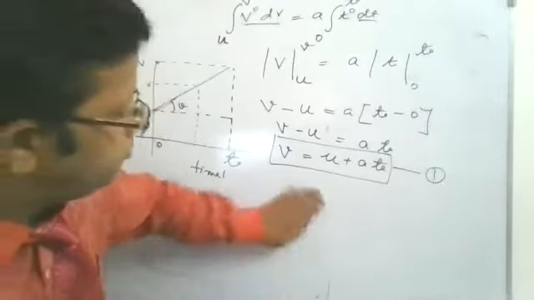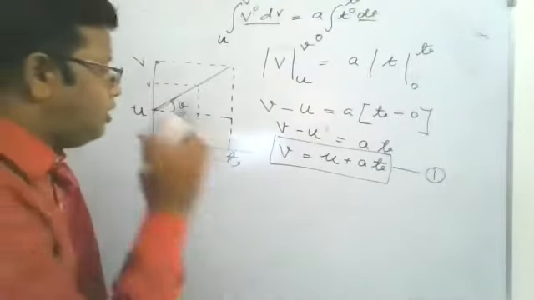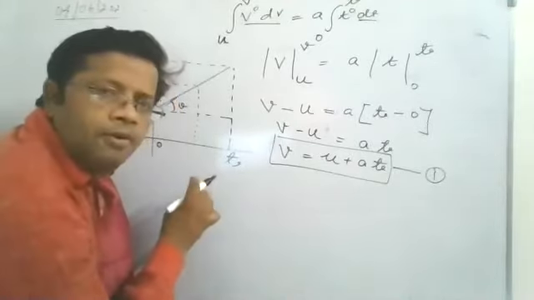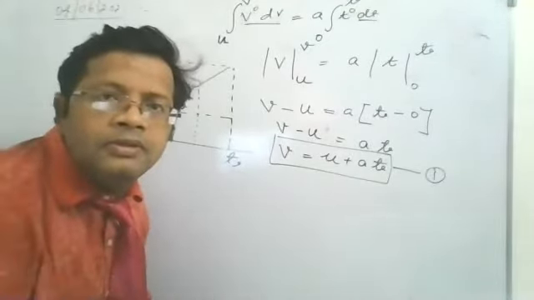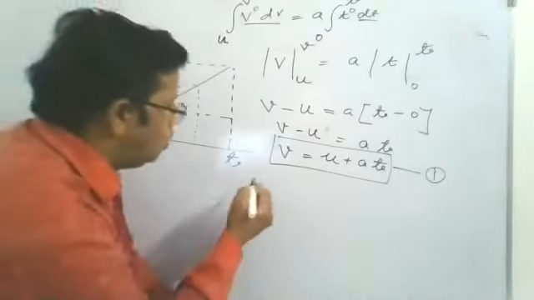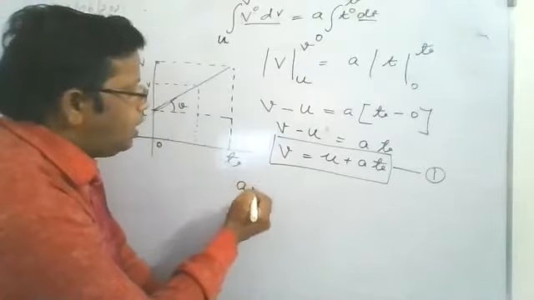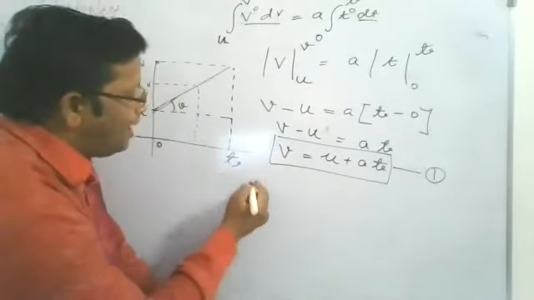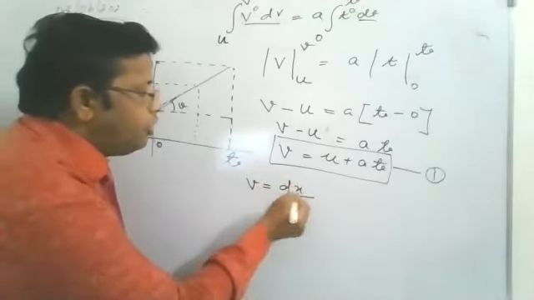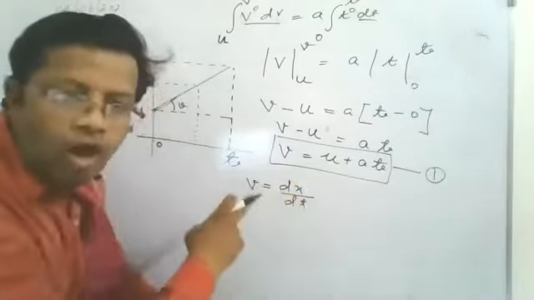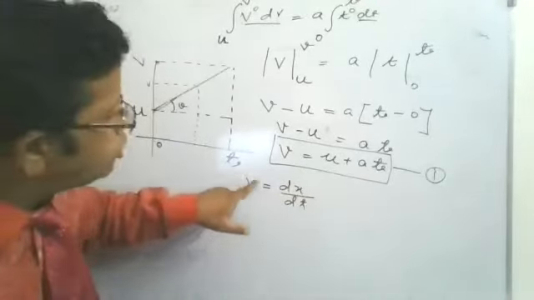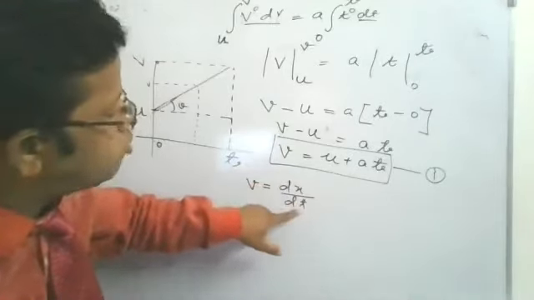Now you see here, how we can write this equation. We can write v is equal to dx upon dt, velocity. Now we are deriving the second equation. We know that velocity is equal to the rate of change of displacement with respect to time.